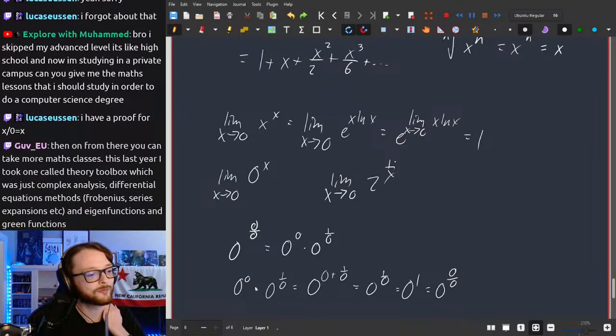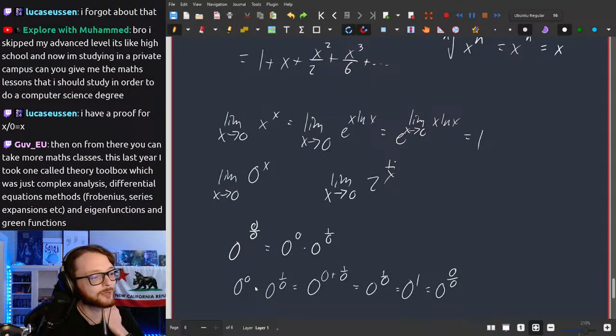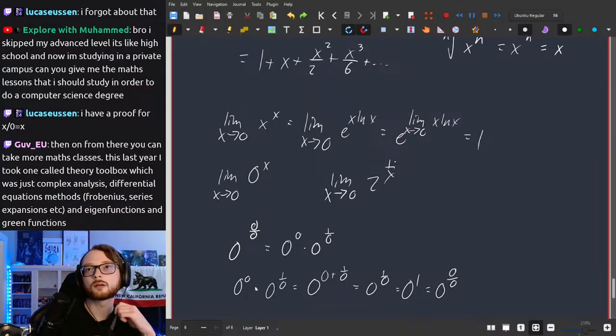You skipped your advanced level like it's high school, and now I'm studying in a private campus. Can you give me the math lessons that I should study in order to do a computer science degree? For computer science, it depends on the university. They're probably going to make you do calculus, linear algebra, and discrete math.